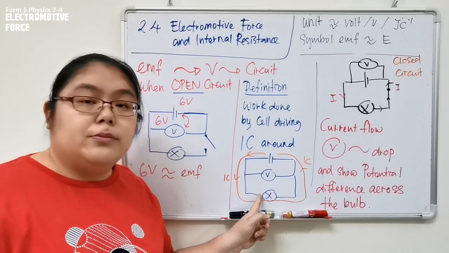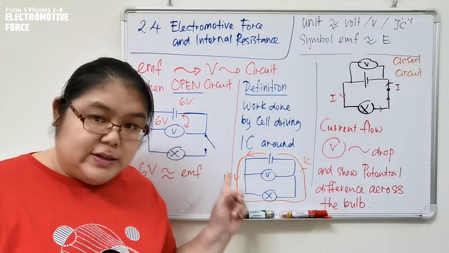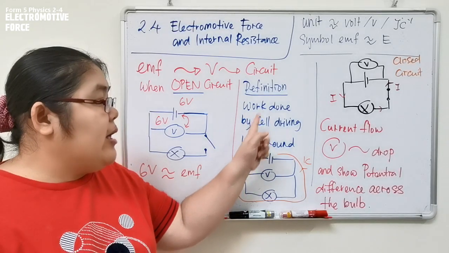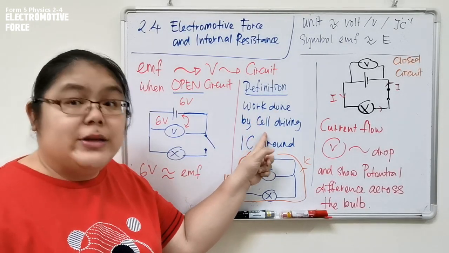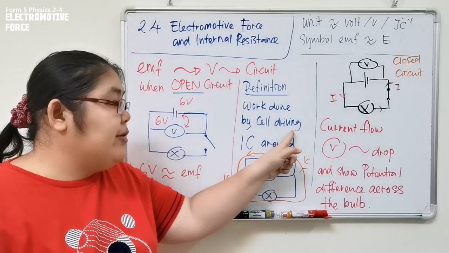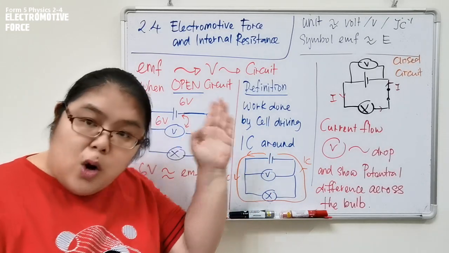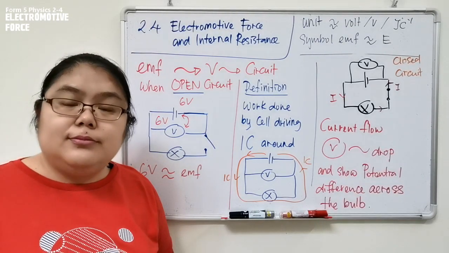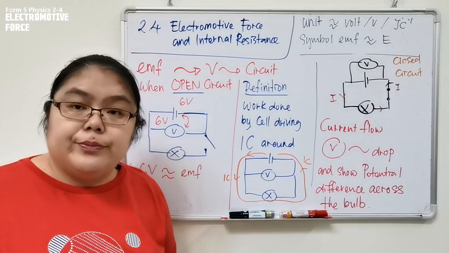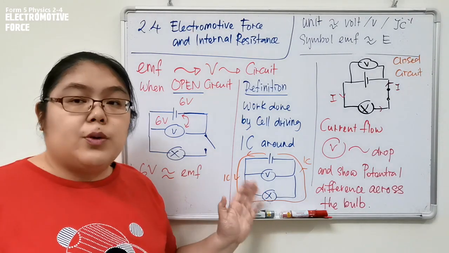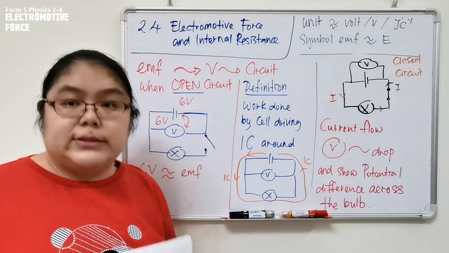So that means it only measures the bulb or a resistor. But for EMF, the work done comes from the cell, meaning the battery, driving 1 coulomb of charge around the complete circuit. This is different. That one is for a certain resistor you want to measure, but this one measures the overall circuit.